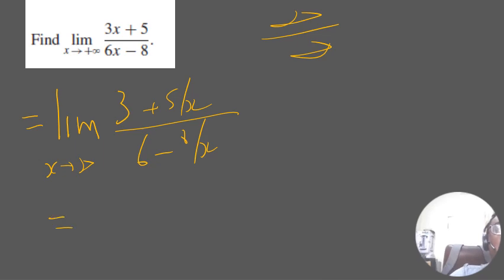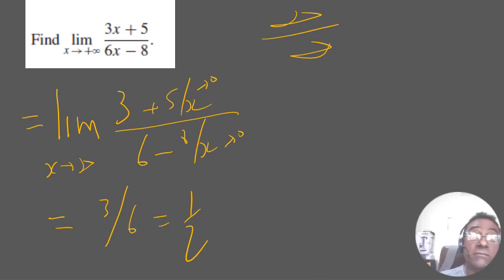The answer turns out to be 3 over 6, because this term tends to 0 and that term tends to 0, so the answer is a half. You can even plot that function and confirm that the asymptotic behavior as x tends to infinity is 1 over 2.